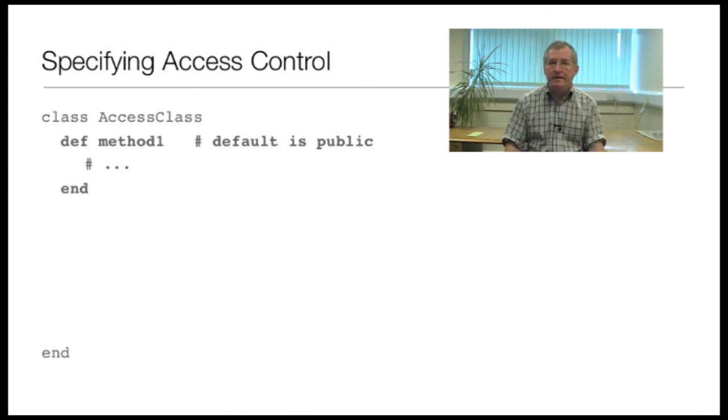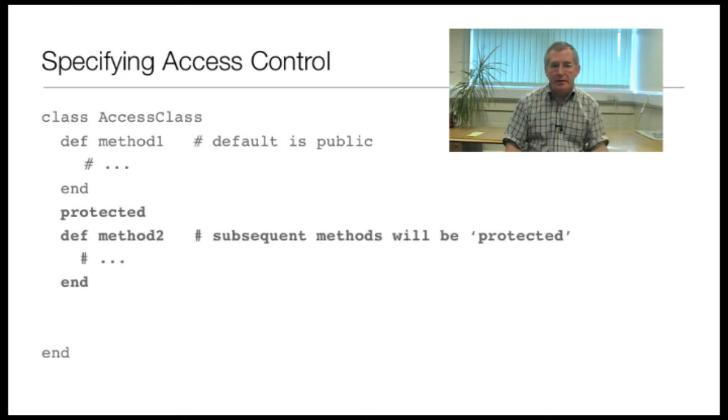In this first method declaration, method 1, there's no access declaration there at all. It defaults to a publicly accessible method. Suppose then we want to move on to something which is a protected method.